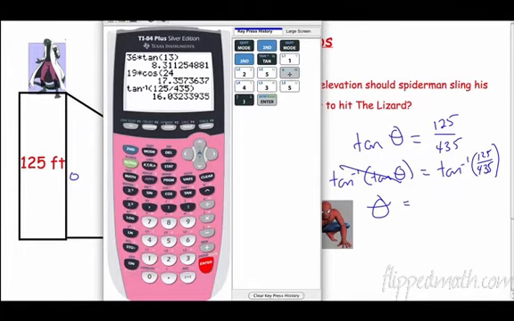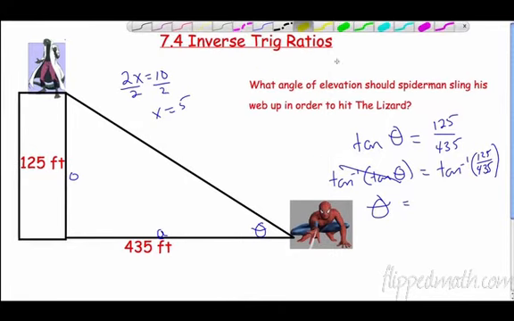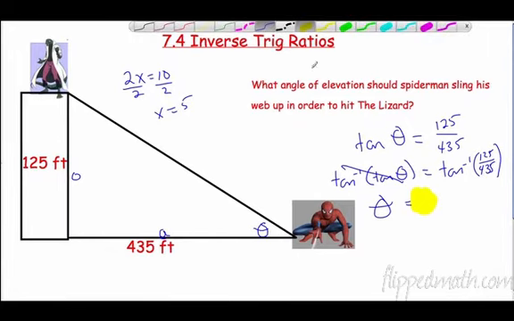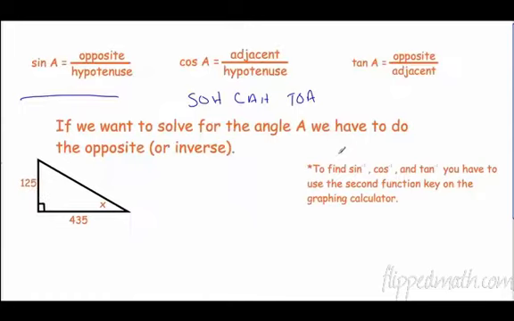So the angle would be 16.0 or 16 degrees. So that one wasn't so bad at all. 16 degrees. So let's try another one. Oh, that's the one we just did. So that was 16 degrees.